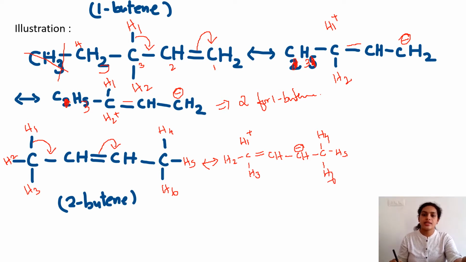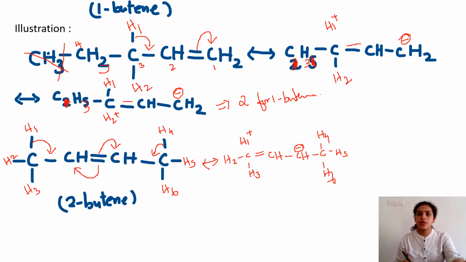Like this, we can write 3 from this side, and in the next 3 examples, the bond shifting will be just the opposite, like H4, it will come here and it will go like this.